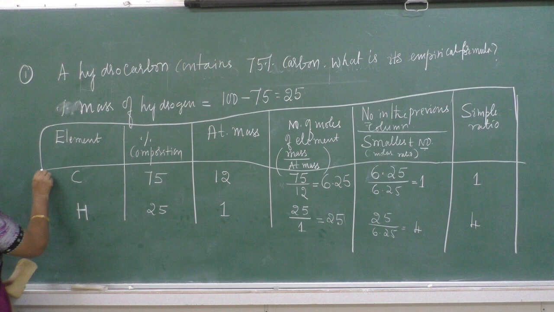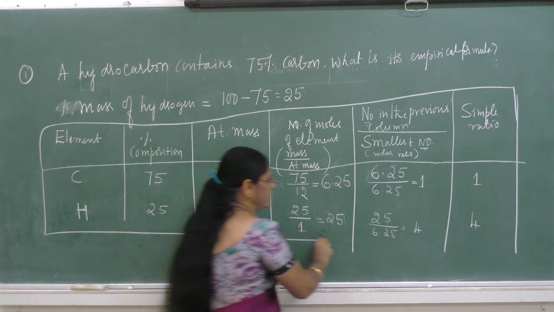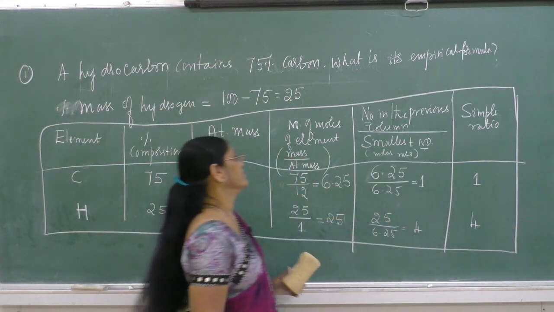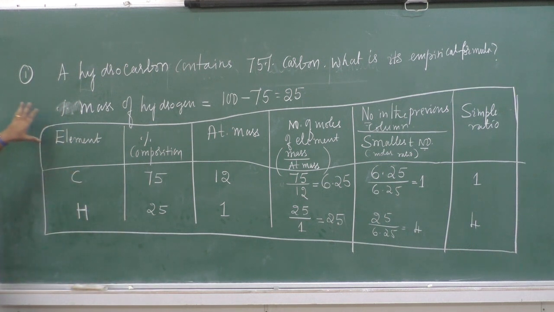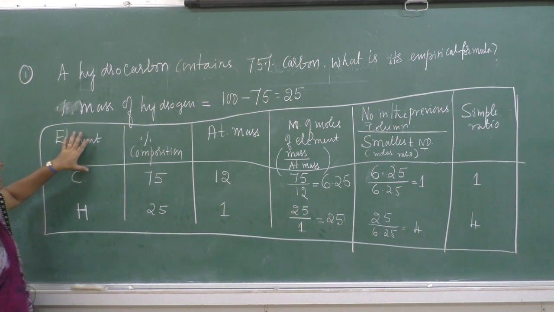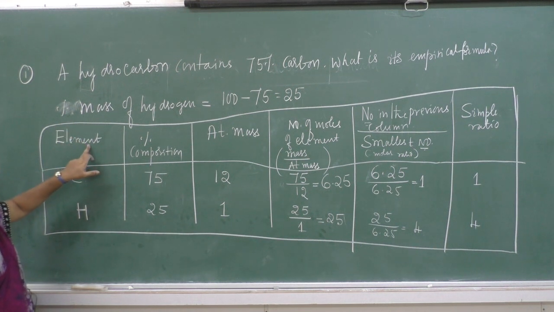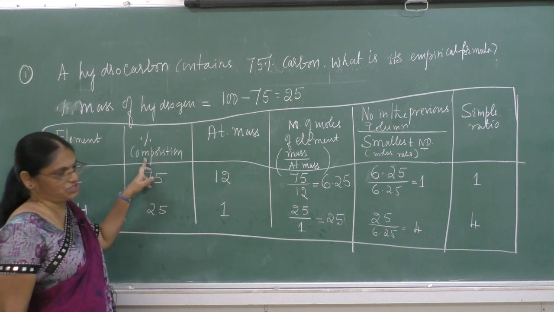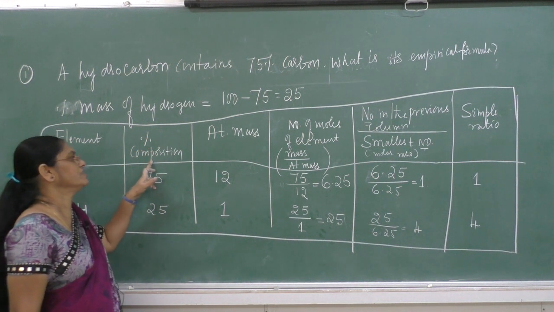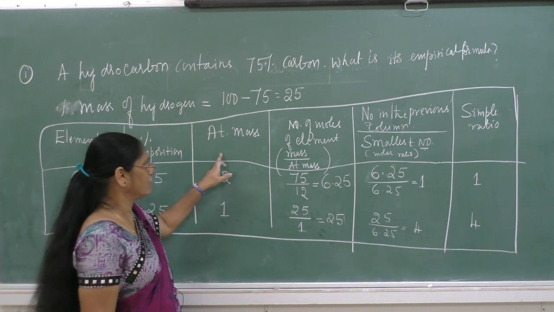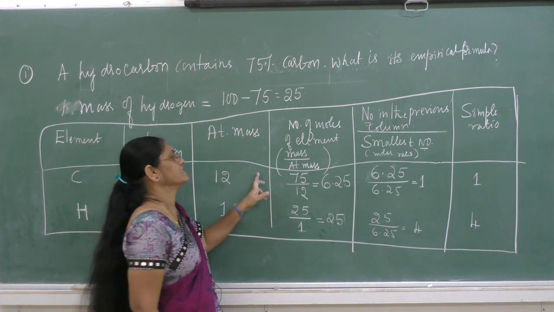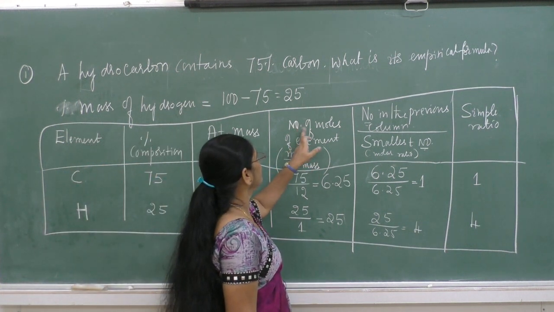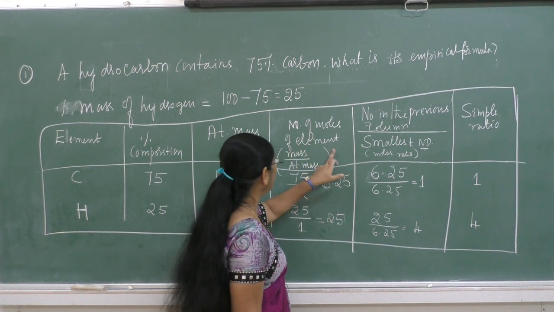So this is about the tabular column of the problem. The first column is element, the second column contains percentage composition or percentage mass of the element, the third column atomic mass, the fourth column the number of moles of an element.